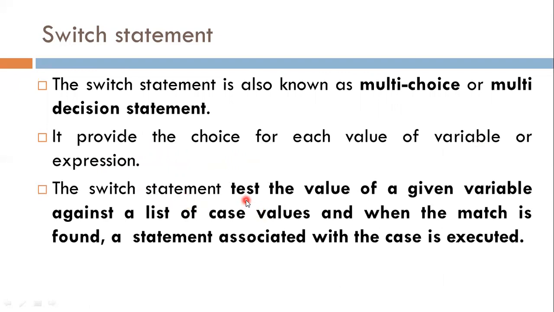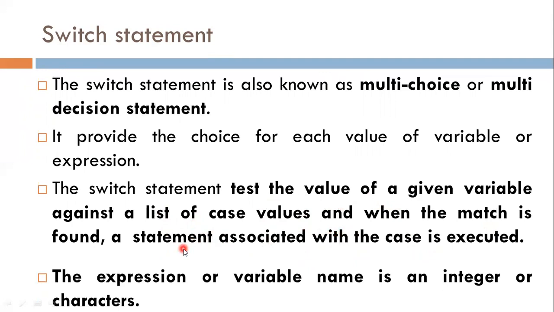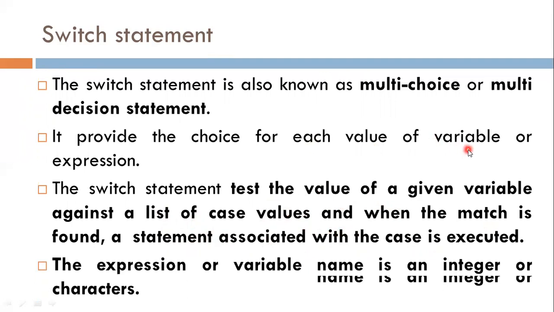In a switch statement, it tests the value of a given variable against all the listed values, and when a match is found, the statement associated with the case is executed. Here the statement can be one or more than one statement. The expression or variable name is an integer or character.